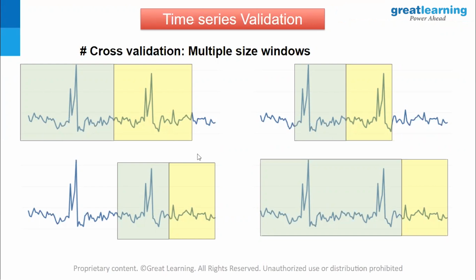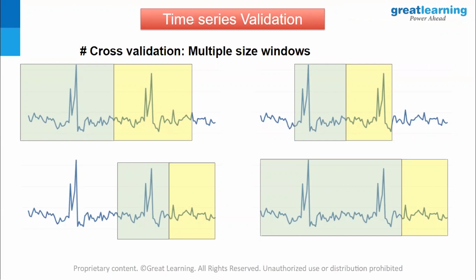Okay, so as you can see in this picture, there are so many different ways you can do the validation. And you can choose the window sizes also. Your training window size and validation window size could be different as well. So it all depends on your creativity, and on your data.